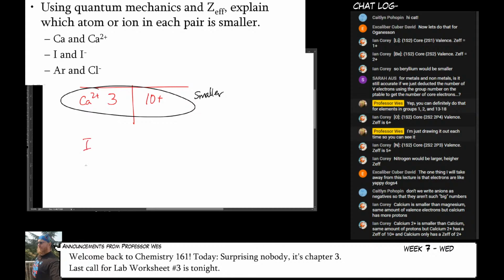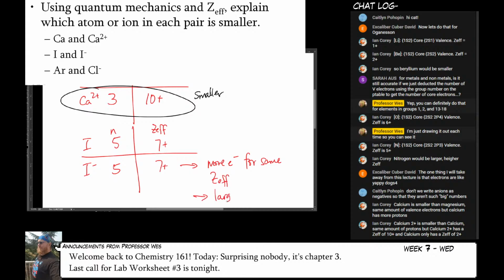For iodine and iodide, you'll notice that when you do this table, you don't get anything out of it. And that's actually useful information, it turns out. They both have N equals 5, and they both have Z effective 7+. And so you might just draw no conclusion. Well, if they have the same Z effective, you could say, oh, more electrons for the same Z effective means that it is larger.